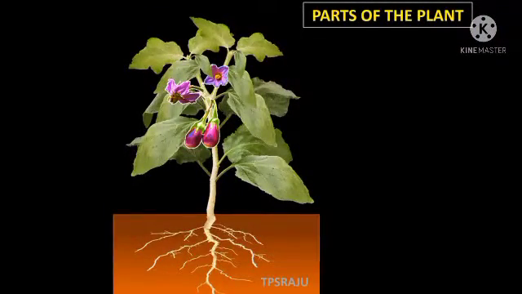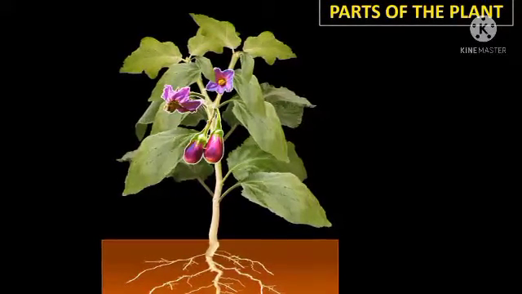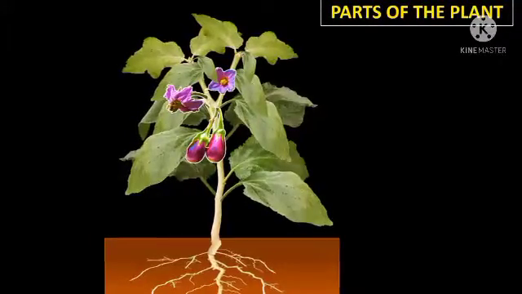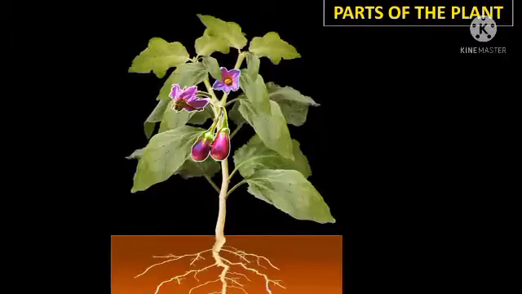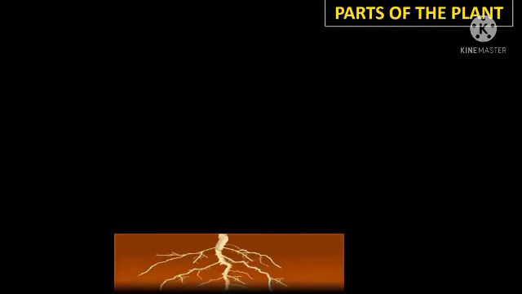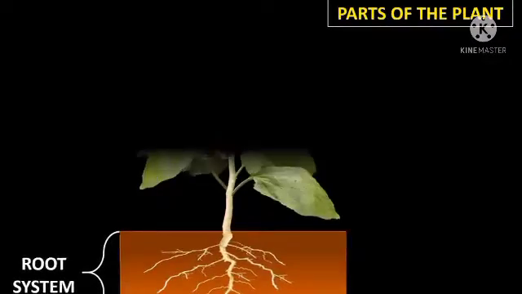This is a plant. We are seeing now the parts of the plant. There are so many parts on the plant. On the plant, we have two types of systems. First one, root system and shoot system.